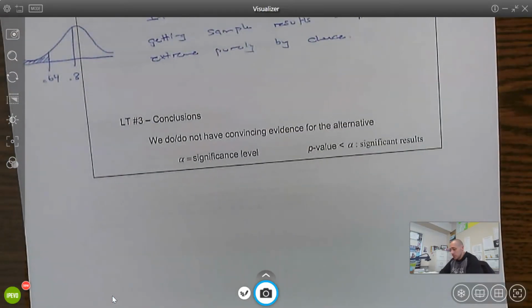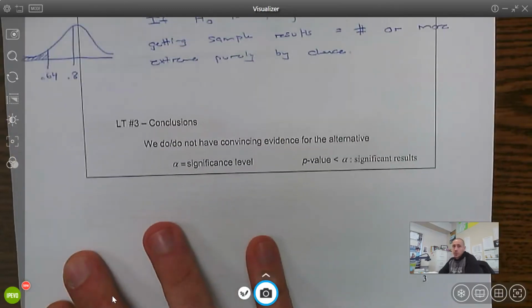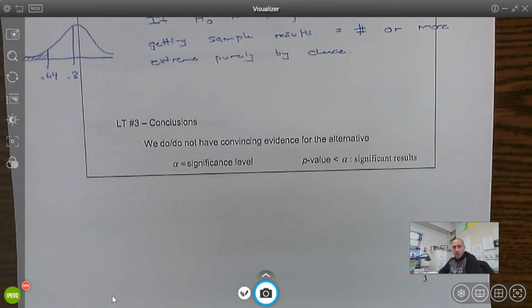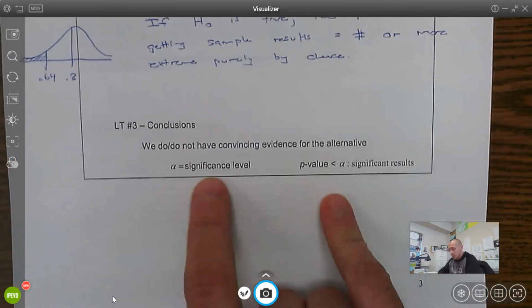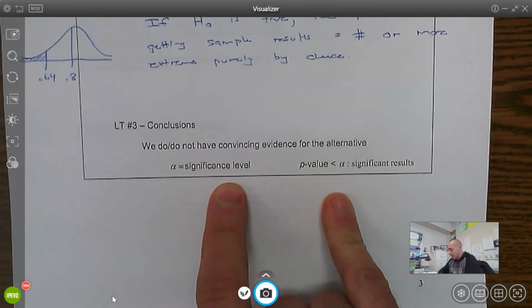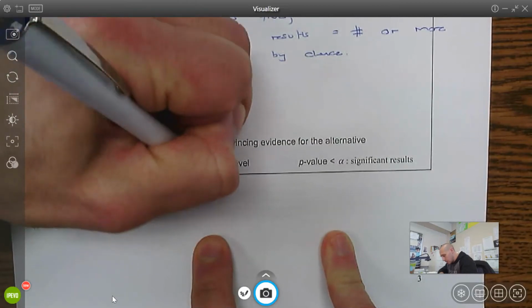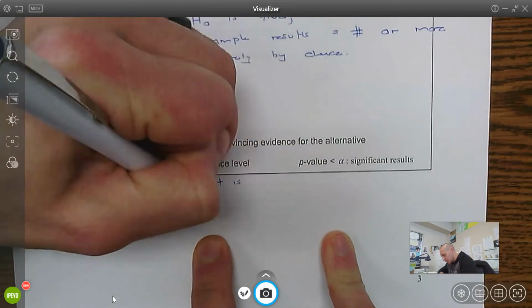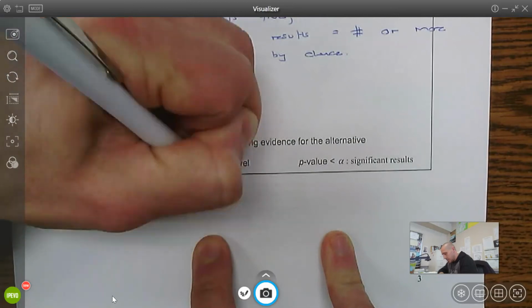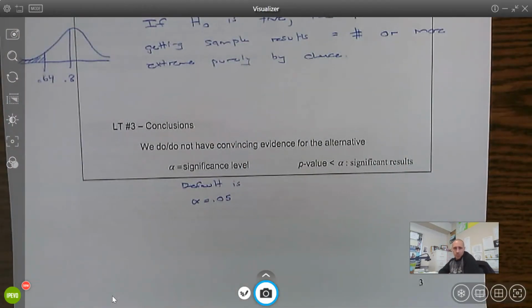All right, conclusions. We either do or don't have convincing evidence for the alternative hypothesis. And the way that we tell is we look at what's called the significance level. And that's what we've been using for our threshold for statistically significant. Alpha, our default is 0.05. It can change.